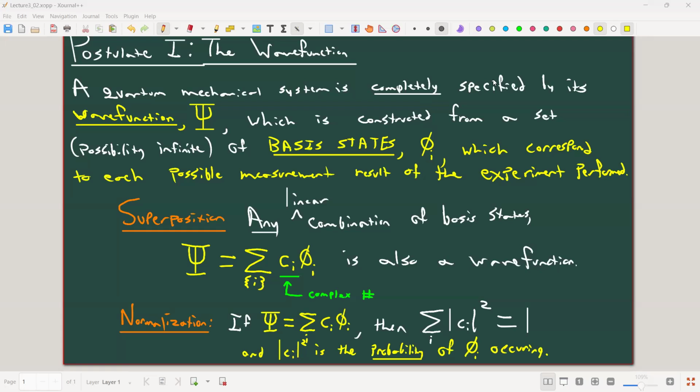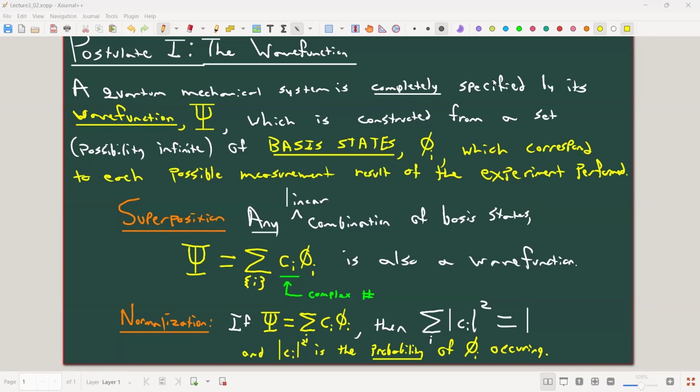What that means is that for my deflecting atom, I can put the atom in any state that gives me any probability of deflections. I can put it anywhere on that circle. That's all this is saying. It's also normalized, which means that the total probability of anything occurring is 1. And the probability of an individual result occurring is the coefficient squared.